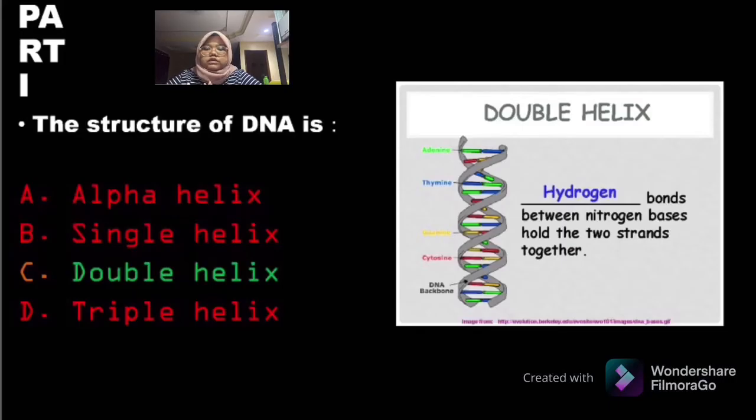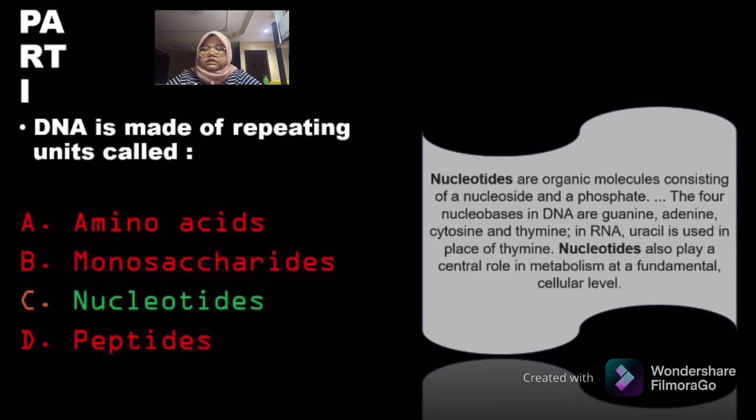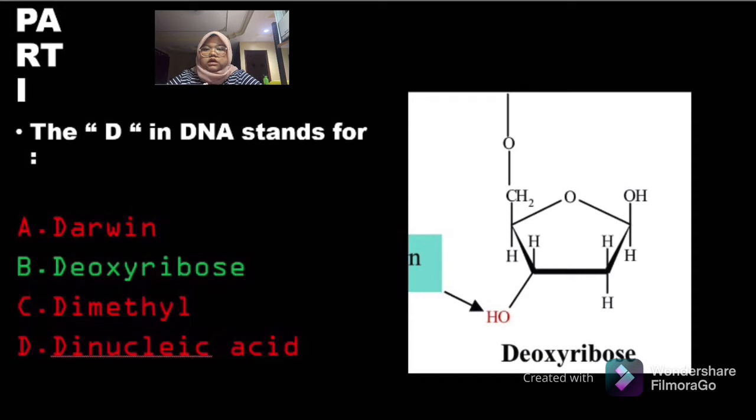So the first question is, what is the structure of DNA? The structure of DNA is C, double helix. The second question, DNA is made of repeating units called C, nucleotides. Moving to the third question, the D in DNA stands for deoxyribose, as DNA stands for deoxyribonucleic acid.